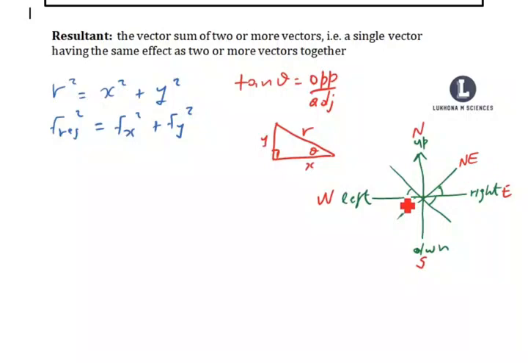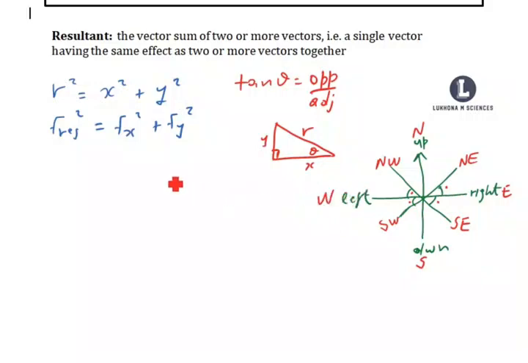This one is above west, so it is north of west. This one is below west, so it is south of west. This one is below east, so it is south of east. Then we are looking for this angle. That is why we are going to use tan theta.